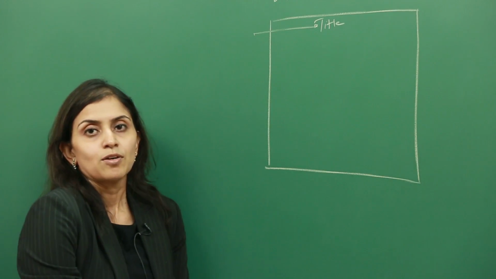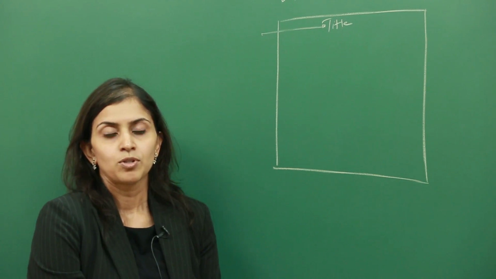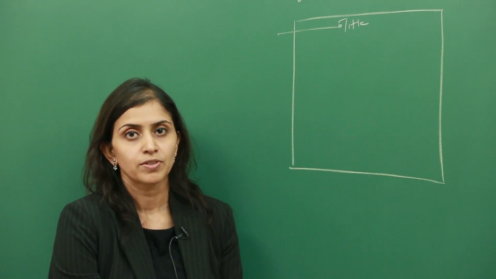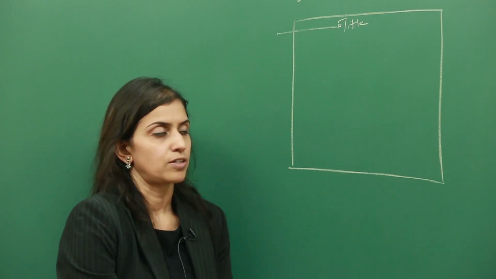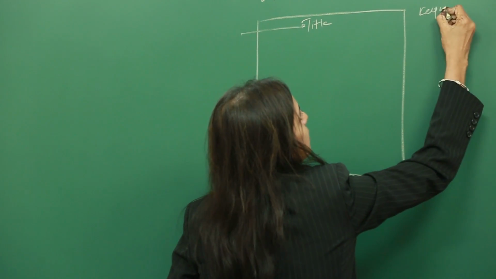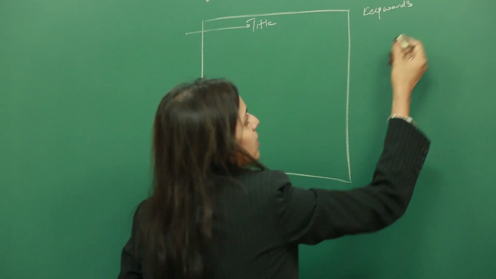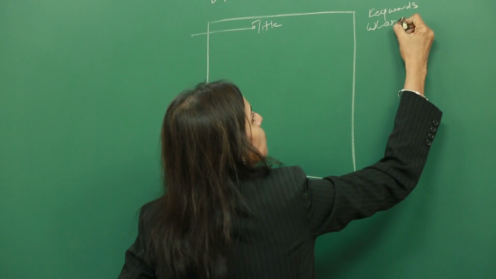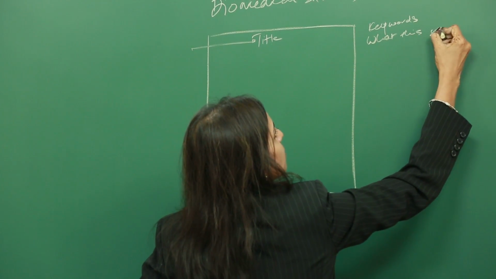Based on the title itself, we cannot actually accept or discard the article. So we have to look at the elements of the title and see if they fit the criteria. So first, does the title have the keywords? Some of the keywords mentioned. Do we know what this study is going to be about?